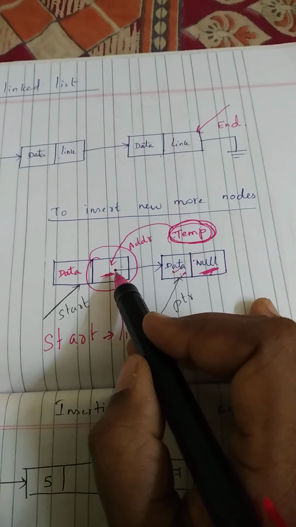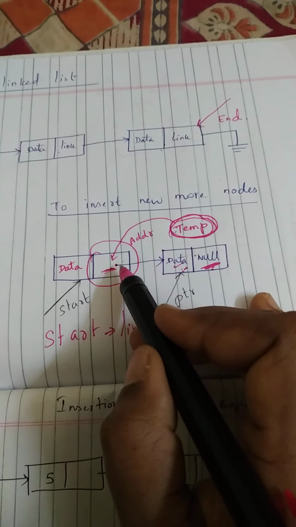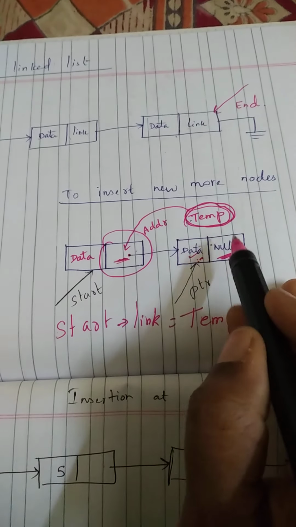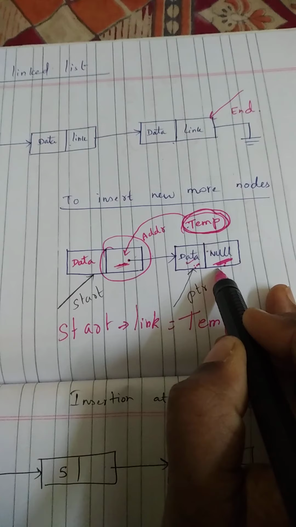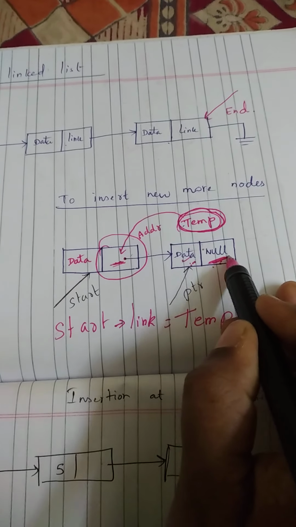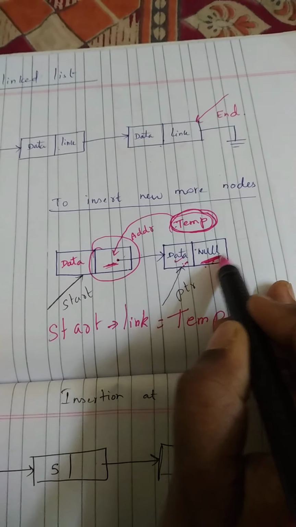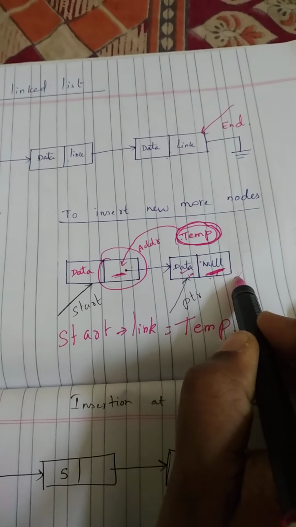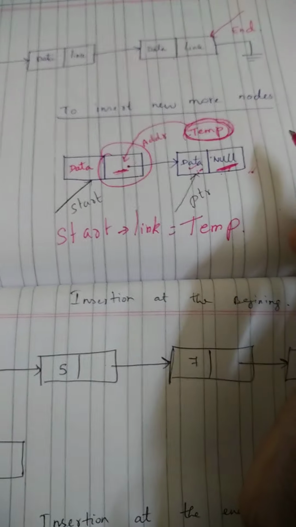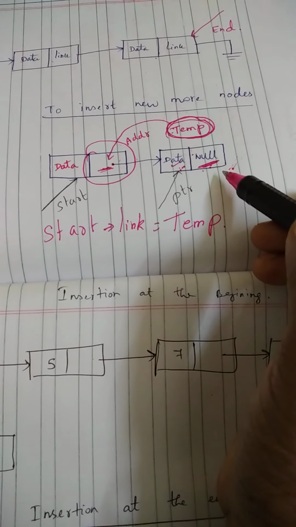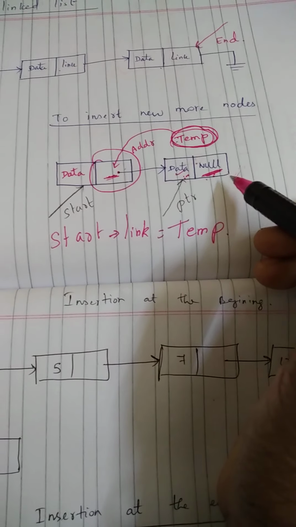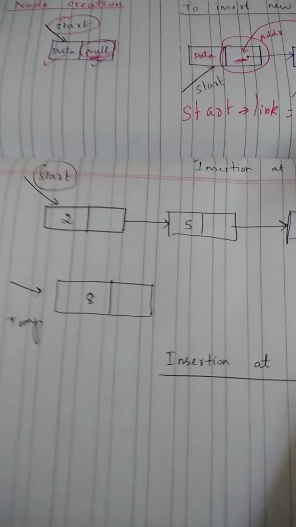By this we are establishing the link. So this is the starting node and this is the second node, and as this value is null, the list ends here. Similarly, you can add n number of nodes to your linked list. Now there are still many more operations.